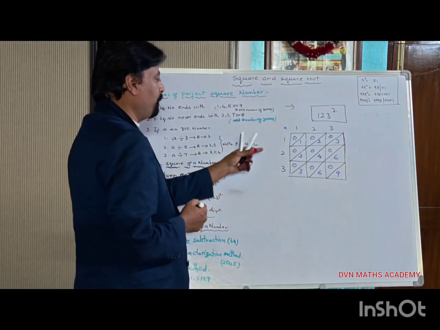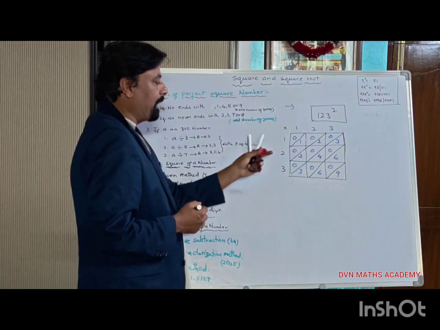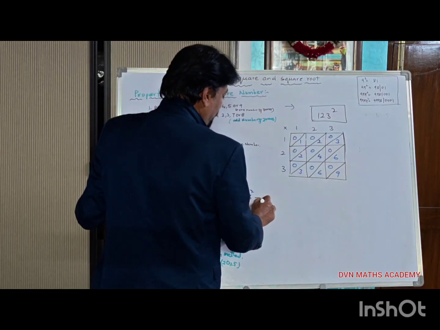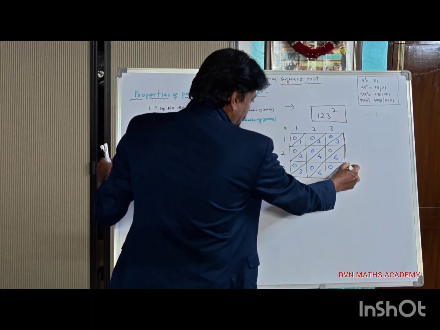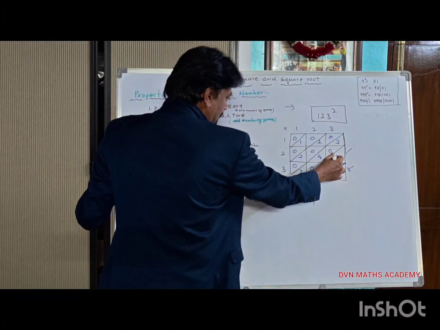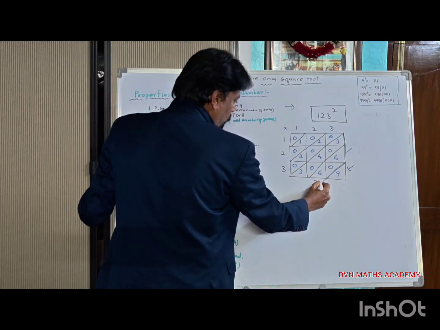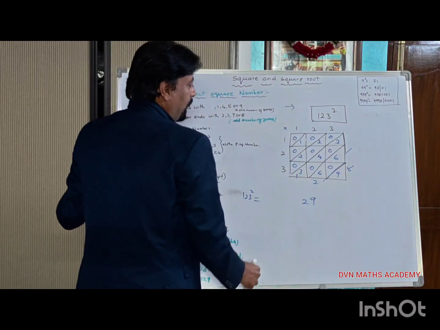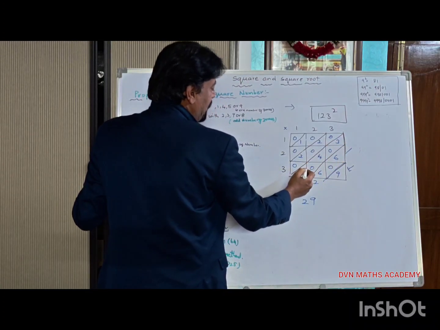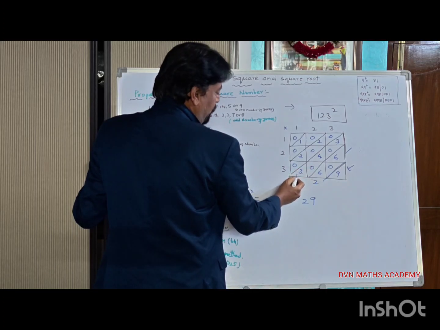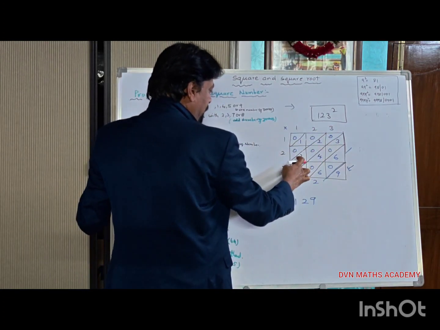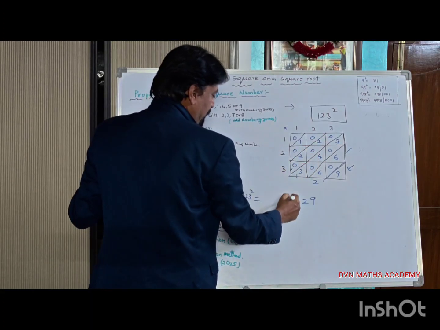After completing the columns and diagonal values, you want to find 123 whole square. In this diagonal, if you add, you will get 9. In this diagonal, 6 plus 6 is 12, you write 2 here and carry 1. Then you add all the values in this diagonal: 3 plus 4 is 7, 7 plus 3 is 10, 10 plus 1 is 11, you write 1 and again carry 1. In the next diagonal, 2 plus 2 is 4, 4 plus 1 is 5.